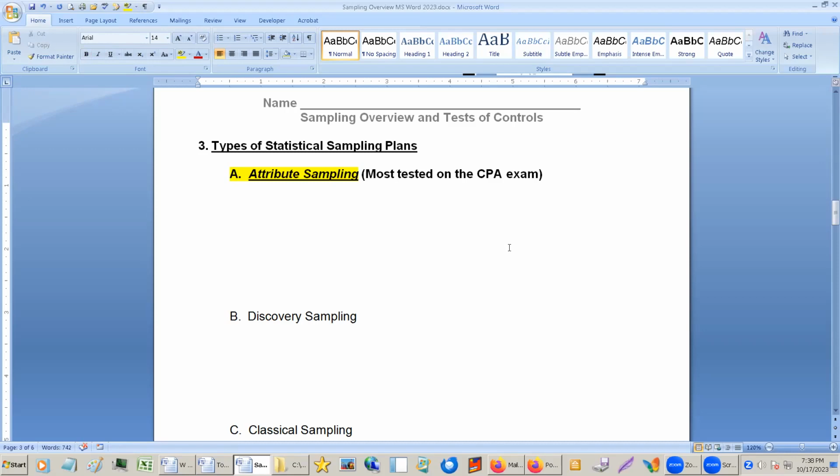Okay, these are yes/no tests. For example, was the purchase order signed?